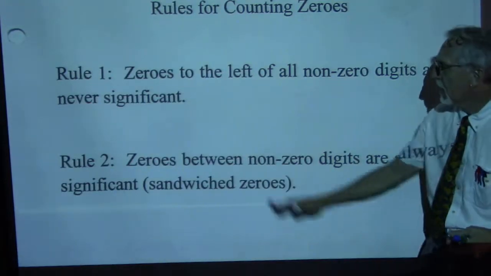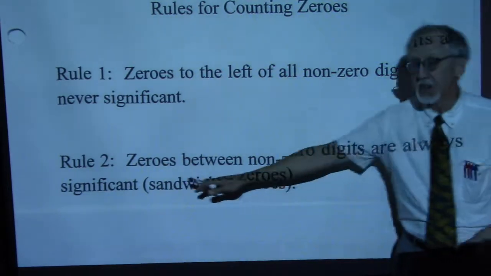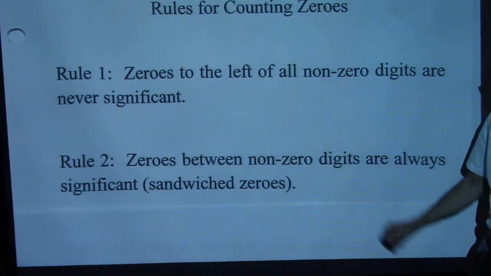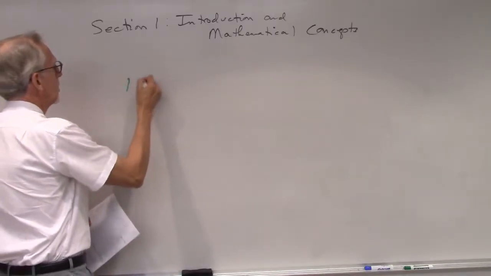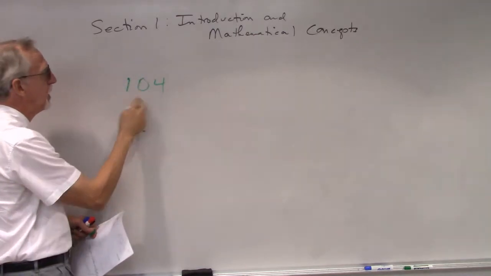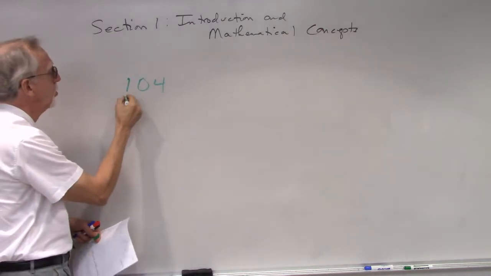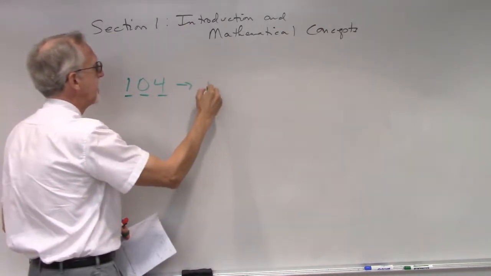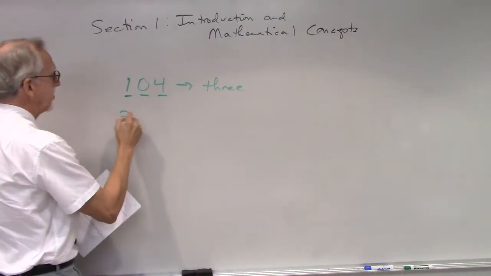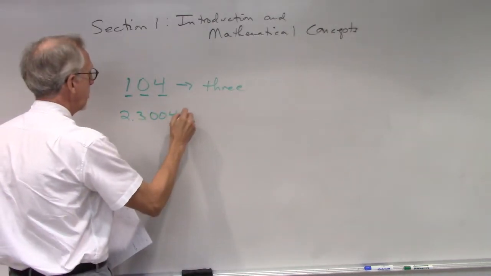Rule number 2. Zeros between non-zero digits are always significant. These are sometimes referred to as sandwiched zeros. So let's look at some examples of this. 104. Now that 0 is in between the non-zero digits, and so it is significant. So 104, that has 3 significant figures. And it doesn't matter if there is a decimal point. 2.30046.